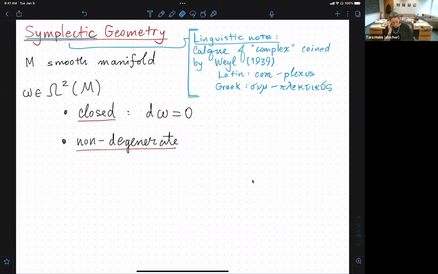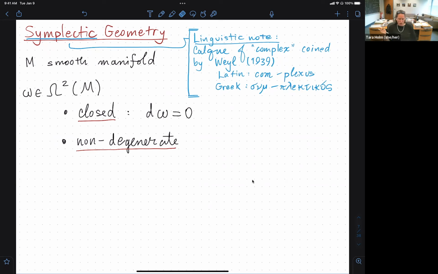The linguistic note is that the word symplectic was coined by Weil in his 1939 treatise on Lie groups, on linear algebraic groups, and previous to Weil, the group preserving a linear symplectic structure was sometimes called a complex abelian group, I think was the word used, which is not very telling to a geometer today.